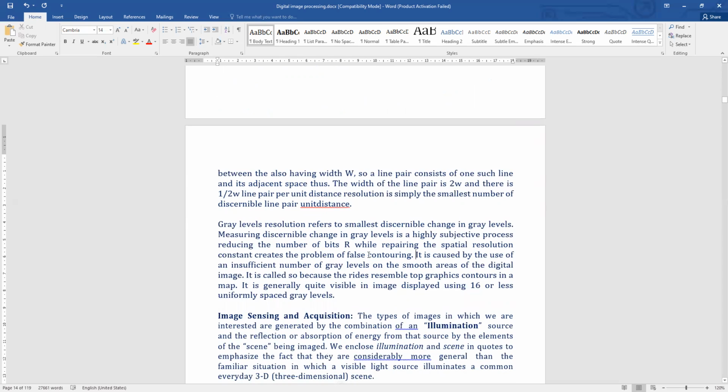Now there is a word that comes up: false contouring. So what does this word mean? Contouring means, for example, you are watching some face.